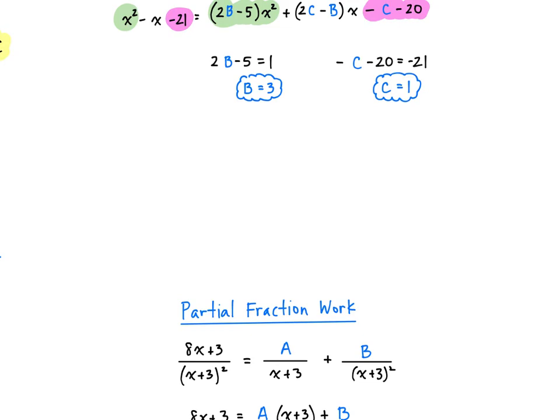With a repeated linear factor, we split it up: we write it as A over x plus 3, then plus B over x plus 3 squared. If I was raising this to the third or fourth or higher powers, I would keep on going accordingly, raising the power each time. Now I want you to go through and solve for A and B. When you do, come back and check to see how you did.